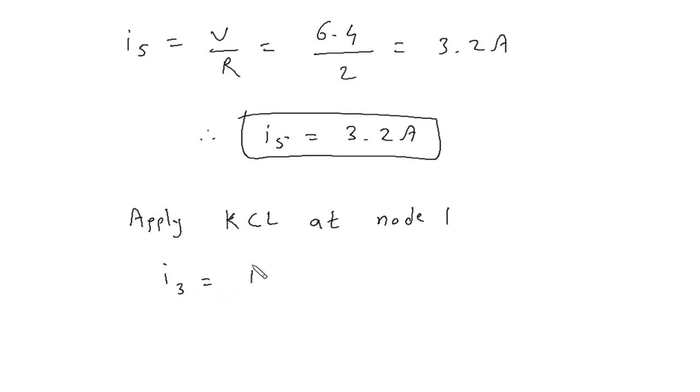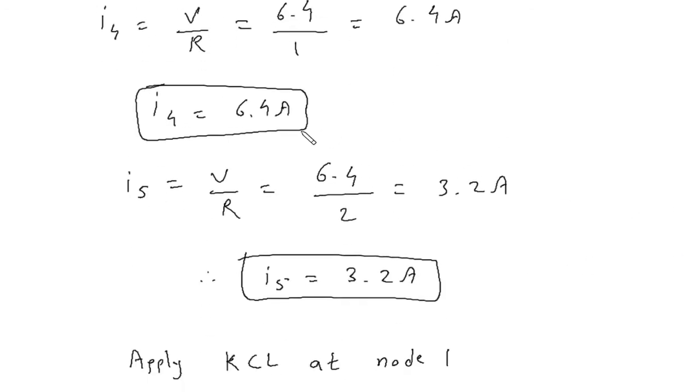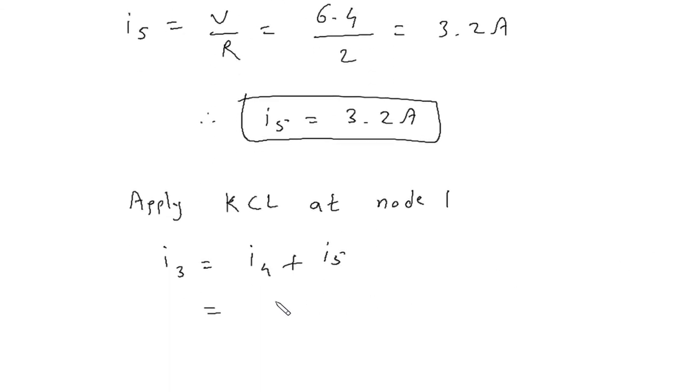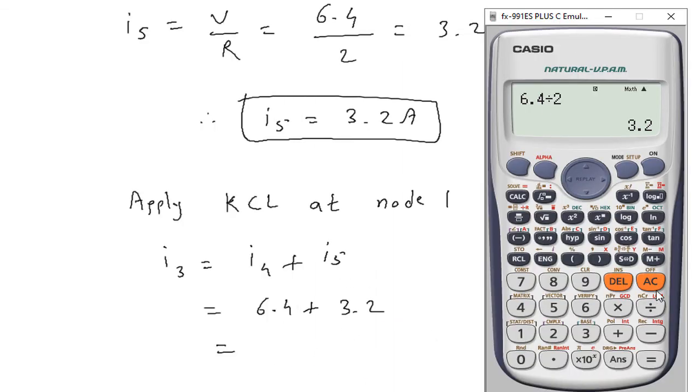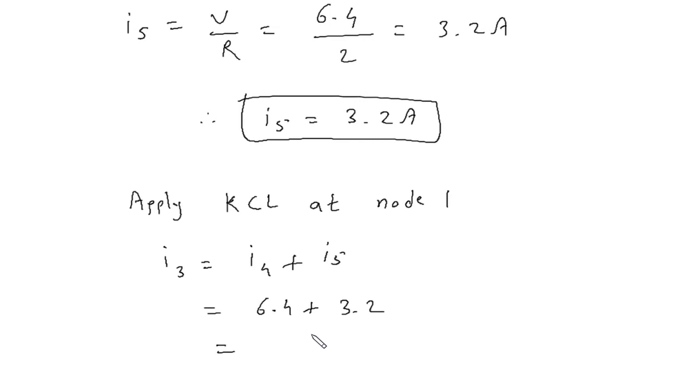I3 is equal to I4 plus I5. The value of I4 is 6.4 ampere, and I5 is 3.2. So this will be 6.4 plus 3.2, which is 9.6 ampere. 9.6 ampere is the value of I3.